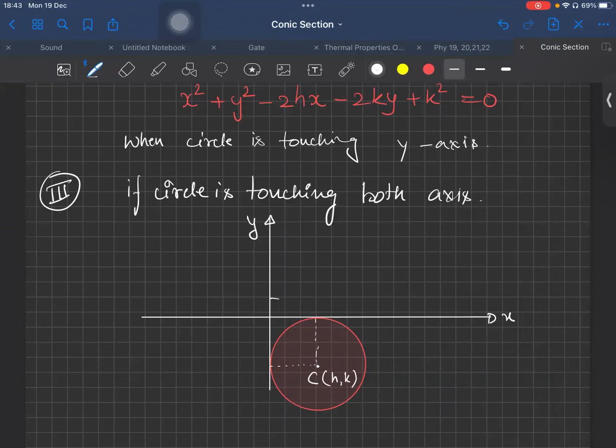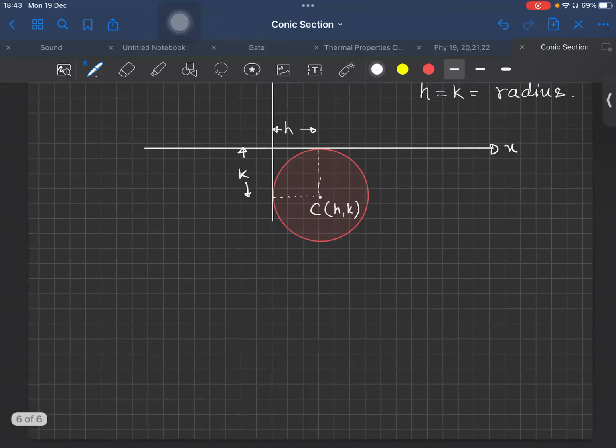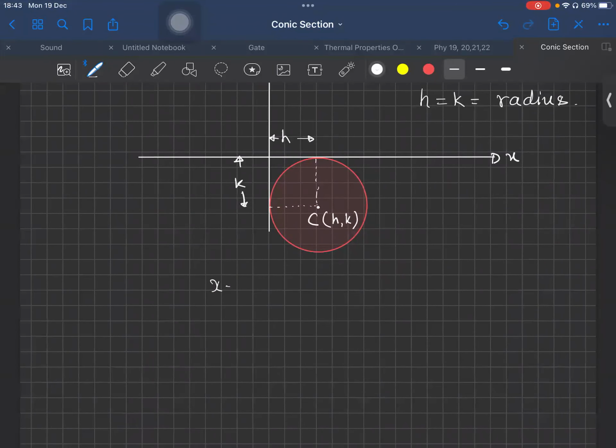So this distance is your h. This is your k. In this case, h and k are equal. H is equal to k is equal to the radius, isn't it? So substitute in that equation and find out. We know the general equation is x minus h whole square plus y minus k whole square is equal to r square.